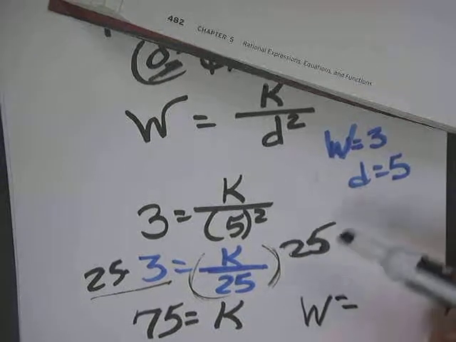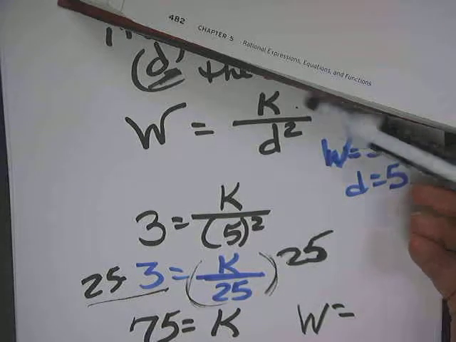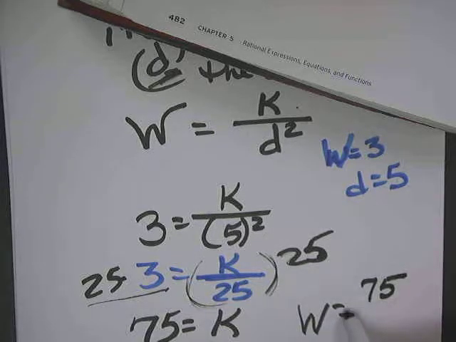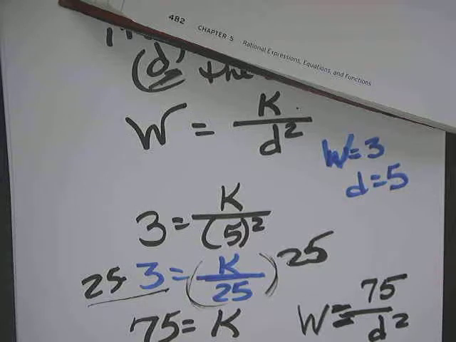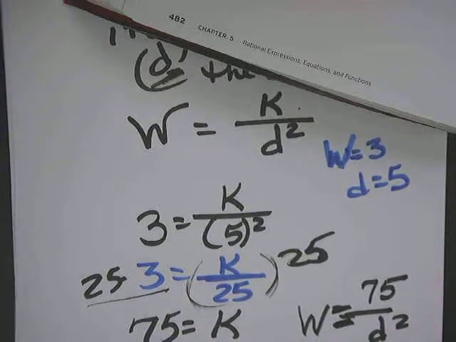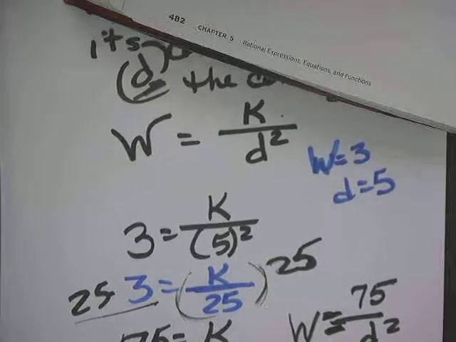Yeah, 3 times 25. It's divided by 25, so you're going to multiply by 25. So K is what? 75. Right. So to write that formula, we have W equals, the K is 75, over distance squared.